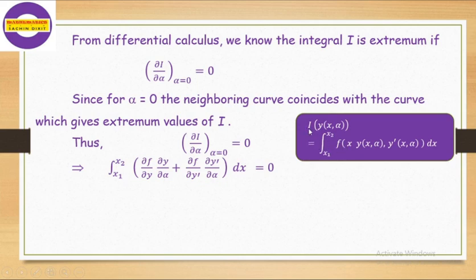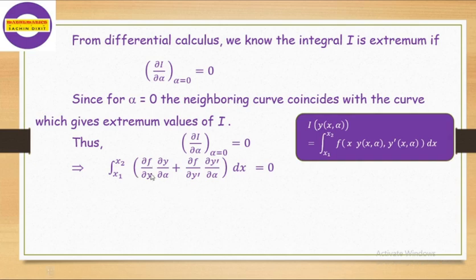But when we find its derivative under the integral sign, we can shift that derivative inside the integral sign, and that means we have to find partial f by partial alpha. But what is f? f is a function of x, y and y dash, and in this, y and y dash are both functions of x and alpha. So if we find its partial derivative with respect to alpha, first x is an independent variable, there is no alpha, but y contains x and alpha.